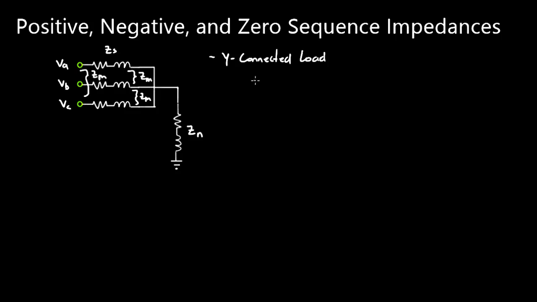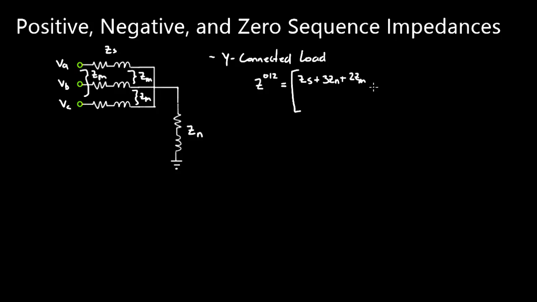And so the sequence impedance then for a Y-connected load is given by this matrix over here. We can say that Z012, which again is the vector of the 0, positive and negative sequence impedances, is equal to this matrix. So we would get ZS plus 3 times ZN plus 2 times ZM.